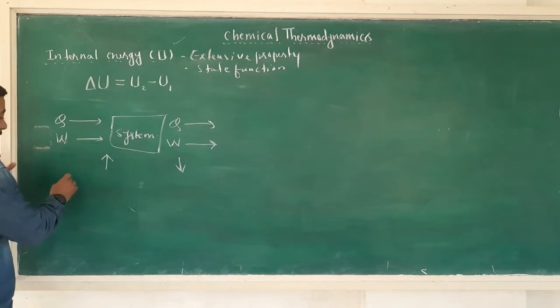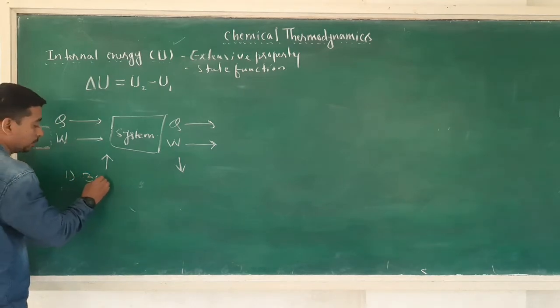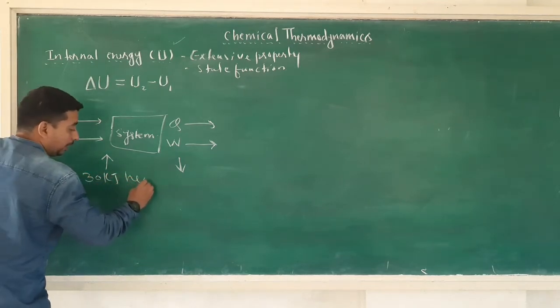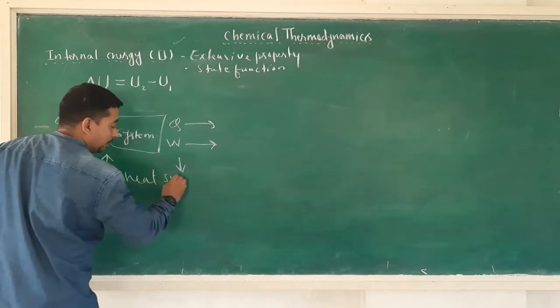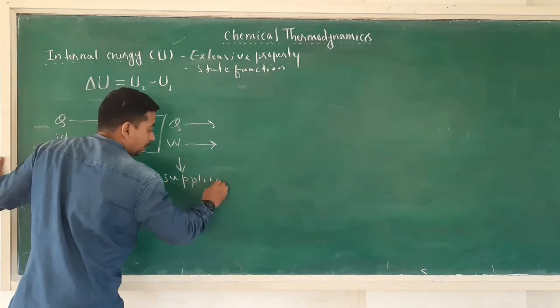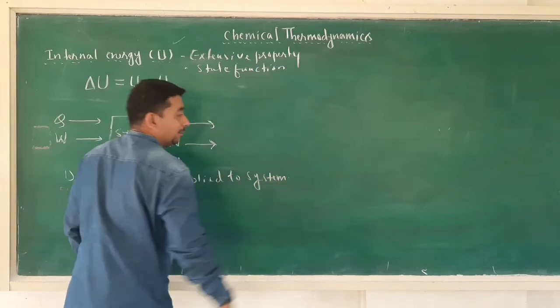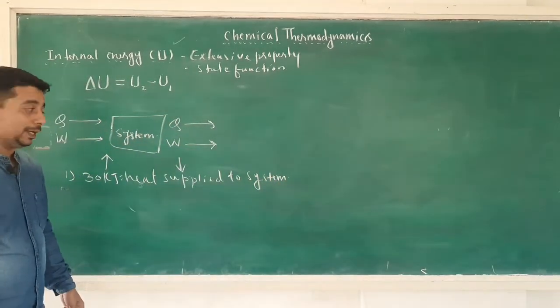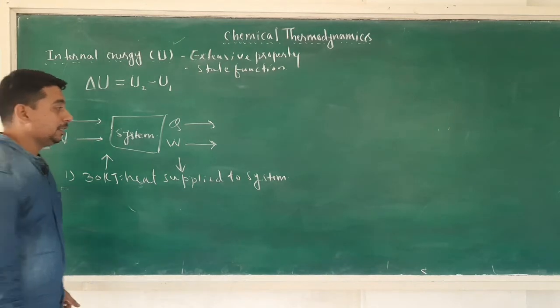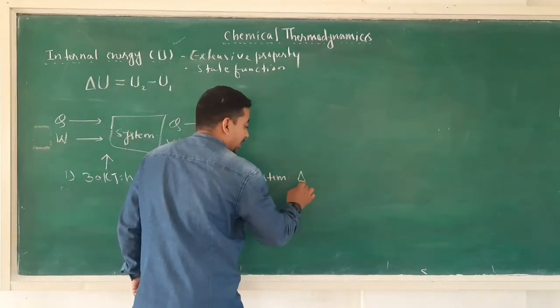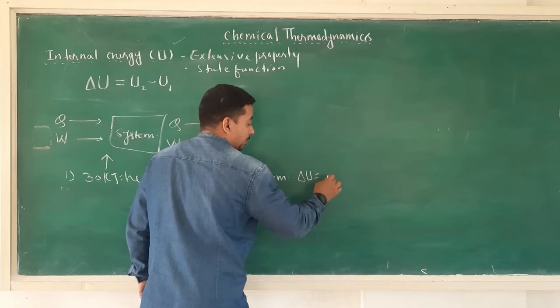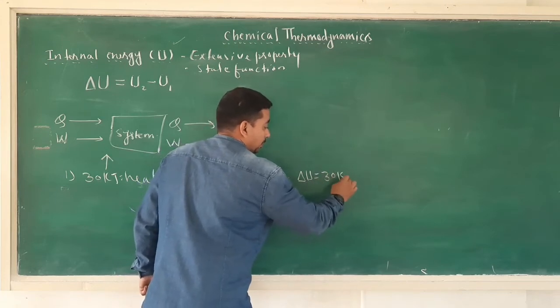Now see some examples. First one, if 30 kilojoule of heat is supplied to the system, it will be added to the internal energy of the system, and the internal energy of the system will increase. Now the change in internal energy will be given as delta U is equal to plus 30 kilojoule.